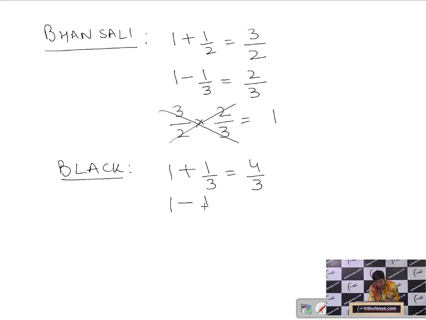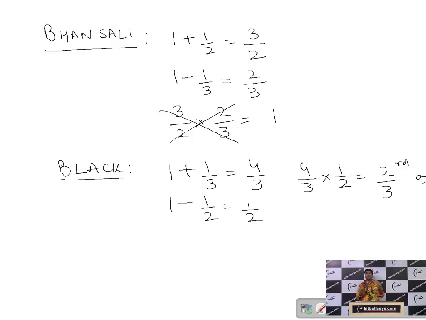So 50% decrease again happens to be 1 minus 1 by 2, which is 1 by 2. Let's have the combined effect. The combined effect would be 4 by 3 into 1 by 2, which is 2 by 3. Now here we come to know Mr. Black's salary has been reduced to 2/3 of original salary.